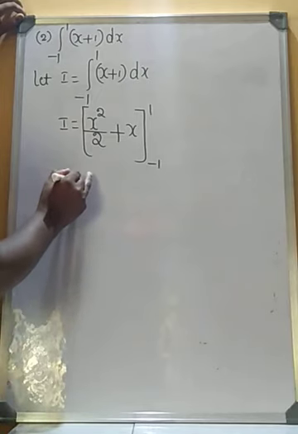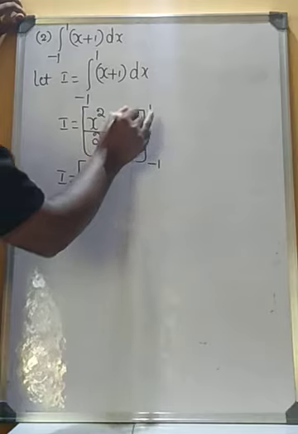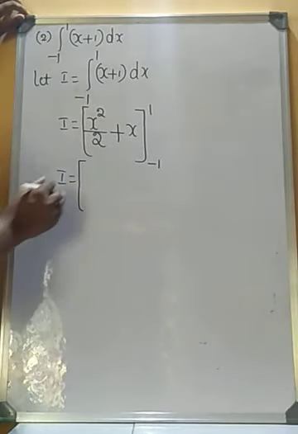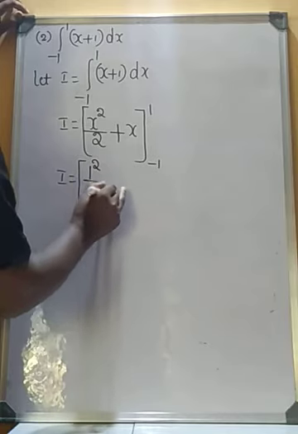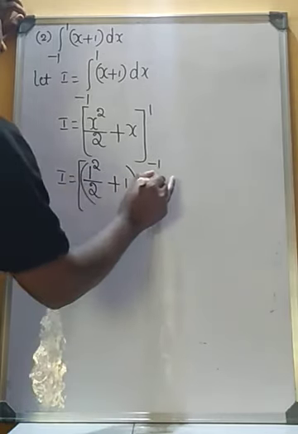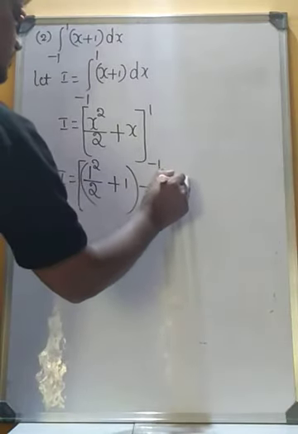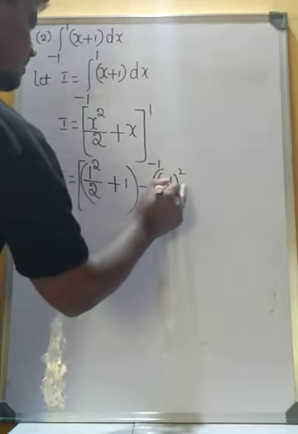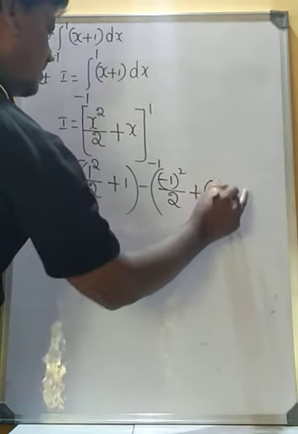Therefore I equals, substituting in place of x, first the upper limit: 1 square divided by 2 plus 1, minus the lower limit: minus 1 whole square divided by 2 plus of minus 1.